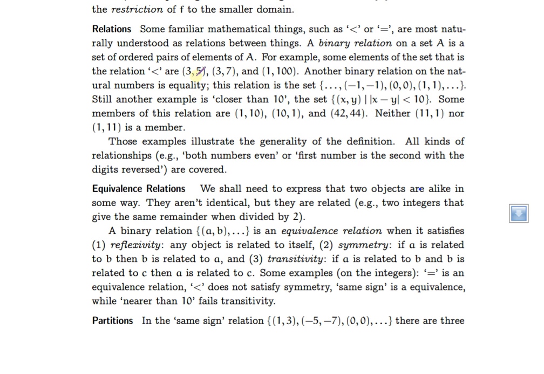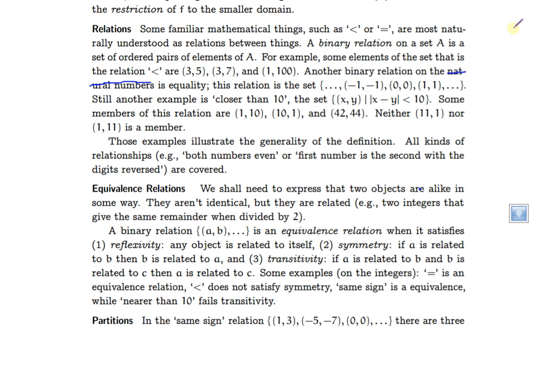This relation is the set... actually, he shouldn't be saying natural numbers here. He should be saying integers because he's using -1 here. If you take all ordered pairs such that the first number in the ordered pair is equal to the second number of the ordered pair, that represents the relation equality.